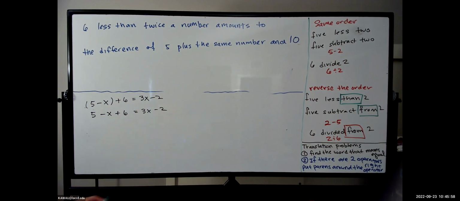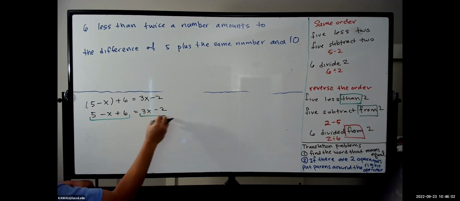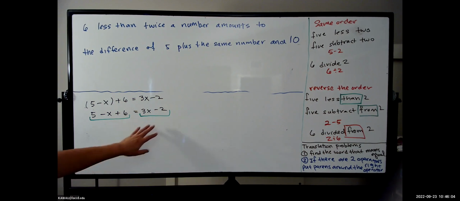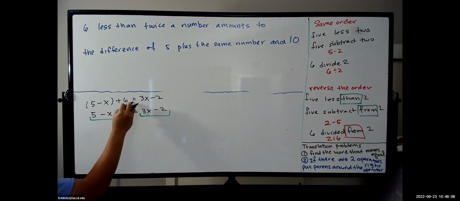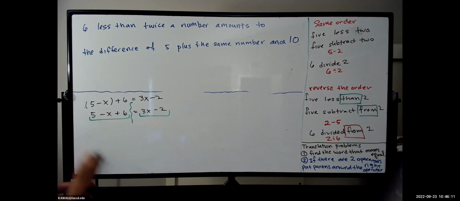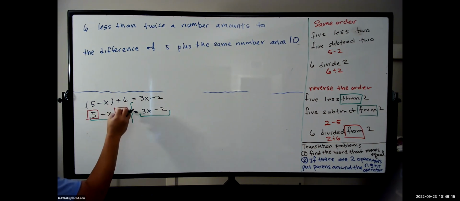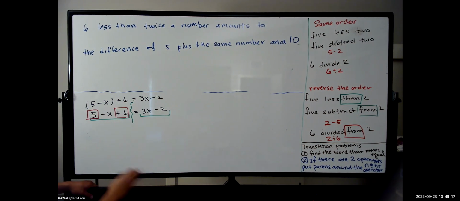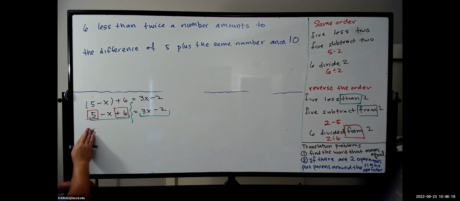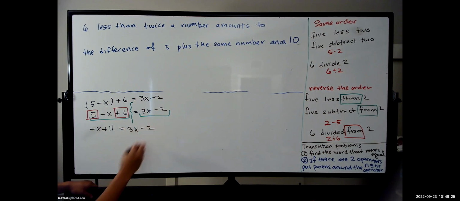So now we're going to combine like terms. We're going to combine the numbers and the x's on that side, the numbers and the x's on this side, and we don't cross over. So I'm going to add this 5 plus 6. So I get minus x plus 11 is equal to 3x minus 2.